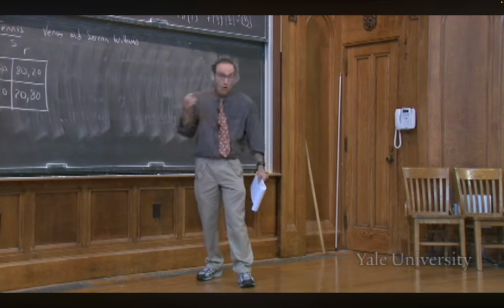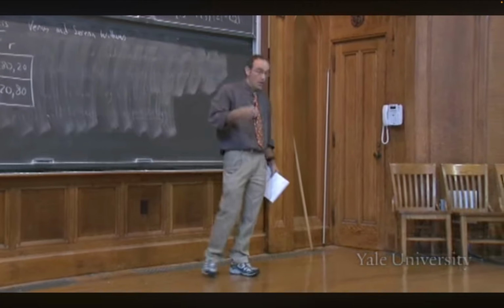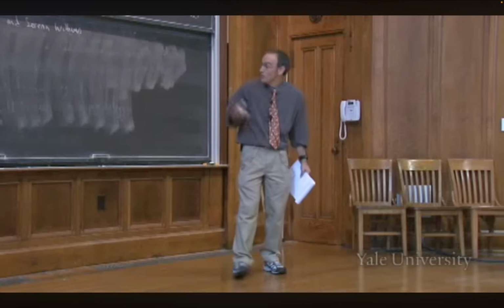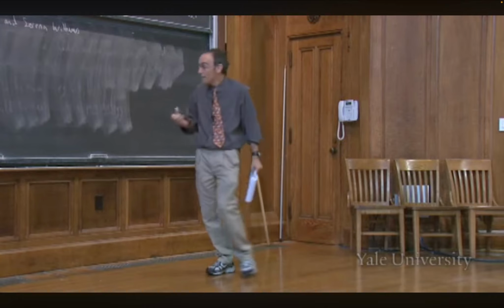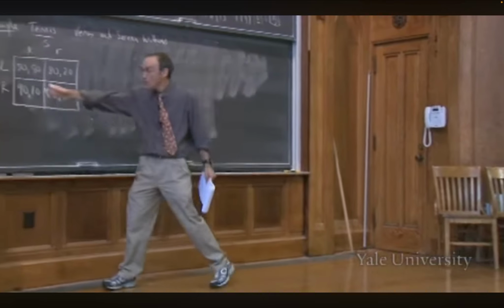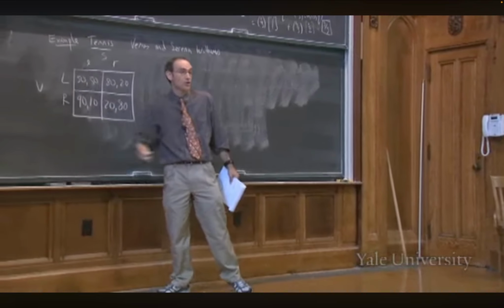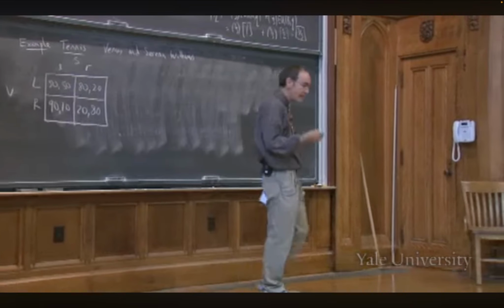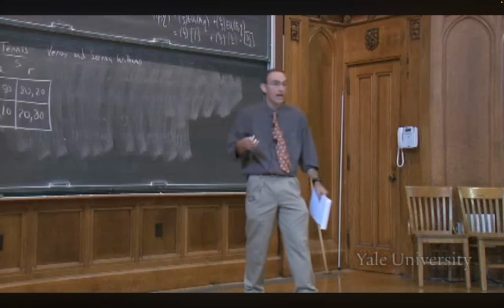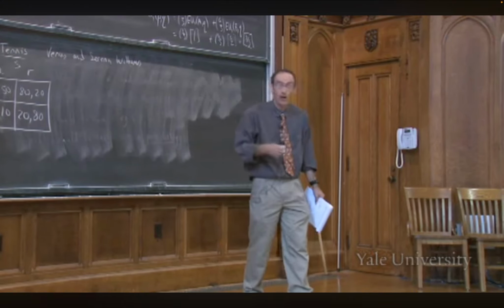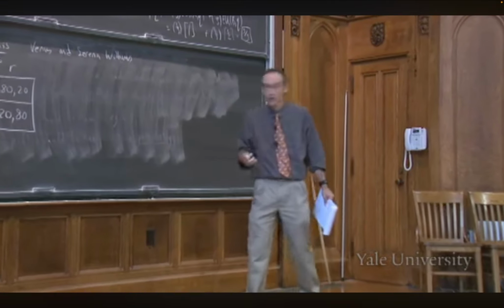So an obvious question is, you are coaching Venus before Wimbledon, you know this situation is going to arise, and you might want to coach Venus on what she should do here. Should she try and pass Serena down the line, or should she try and hit the cross-court passing shot?